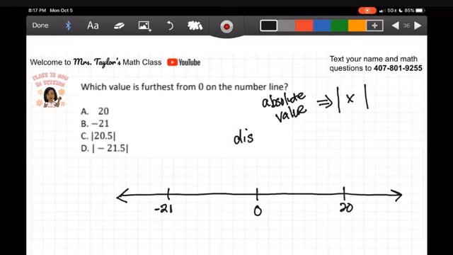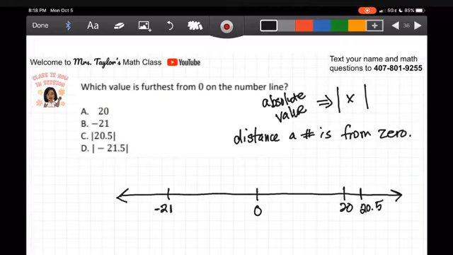Distance a number is from 0. That's what absolute value is. So the absolute value of 20.5. So where's 20.5? 20.5 is going to be on the right hand side and it's greater than 20. So we're going to put that on the right hand side of 20.